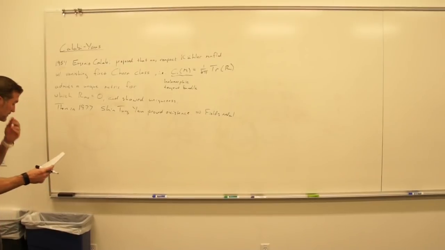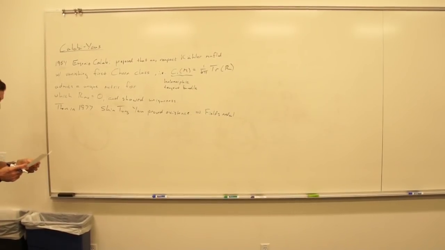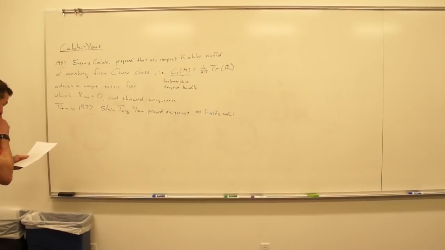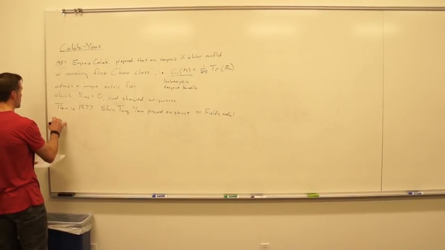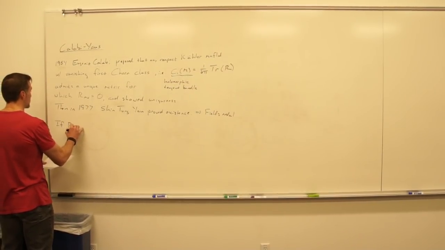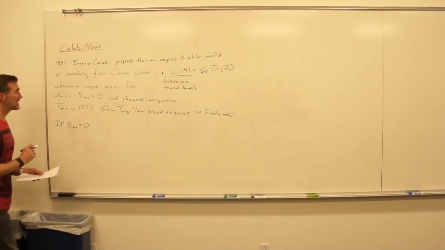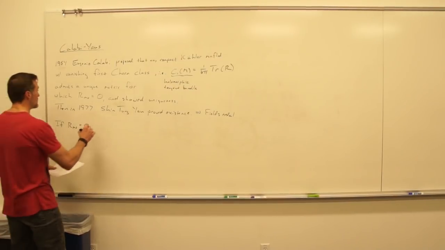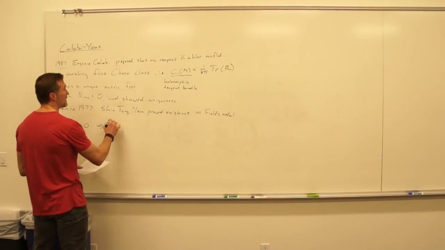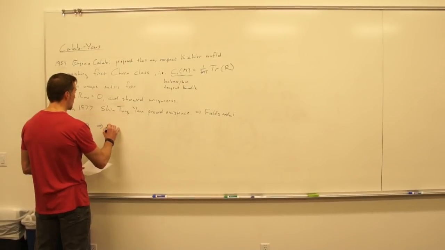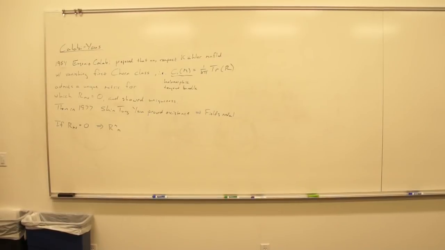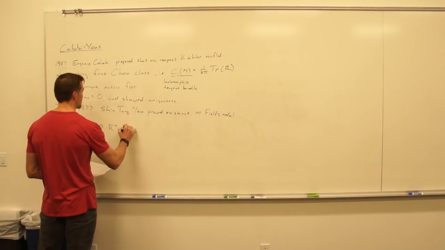Now, I want to give you an idea of some consequences of this and why Calabi-Yaus are so important. Notice if I have a space that has a vanishing Ricci tensor, R mu nu equals 0, then it is trivial that R, which is formed from the Ricci tensor by contracting the first and the second index, is 0.